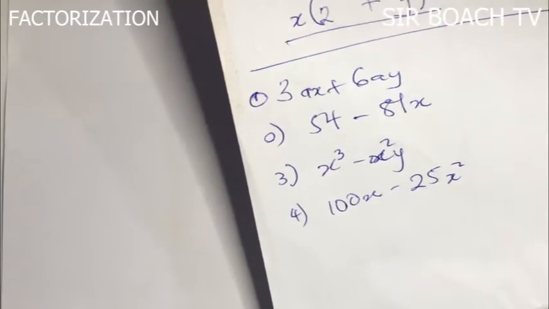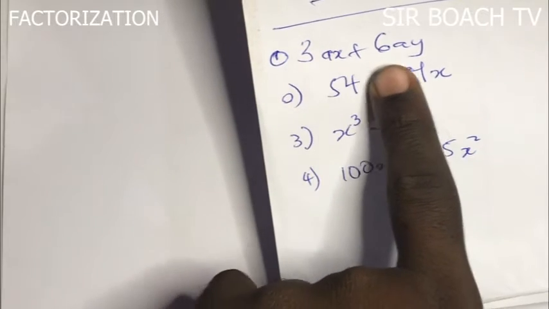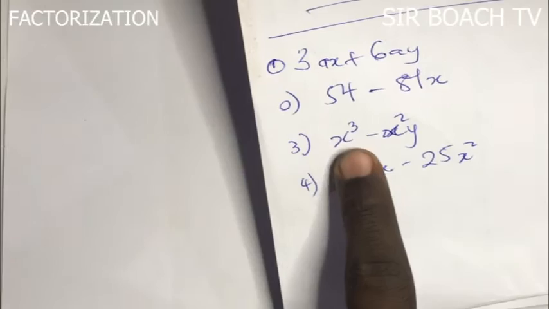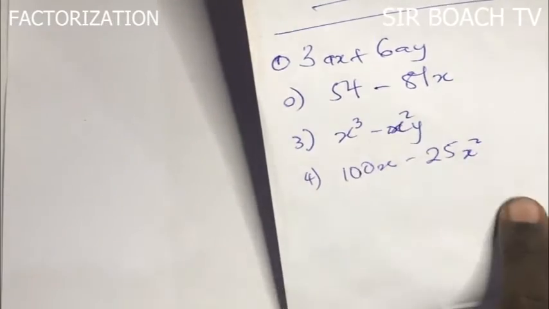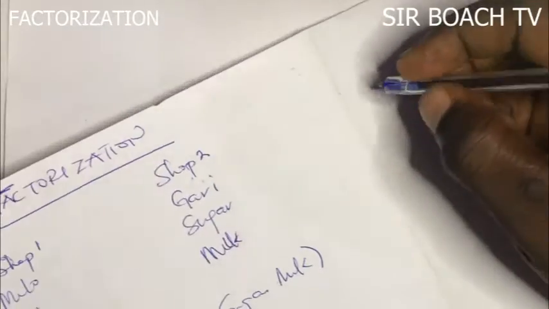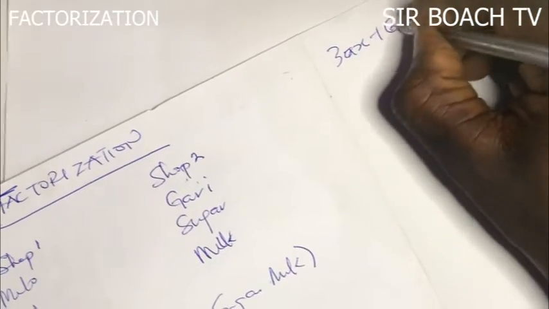Now let's look at four examples. We have 3ax plus 6ay. We also have 54 minus 81x. We also have s cubed minus s squared y. We also have 100x minus 25s squared. So let's take the first one: 3ax plus 6ay.